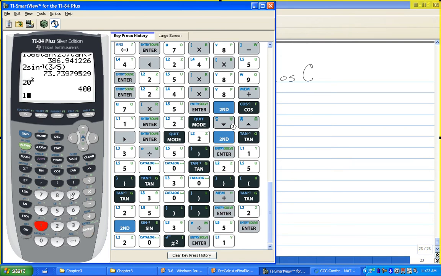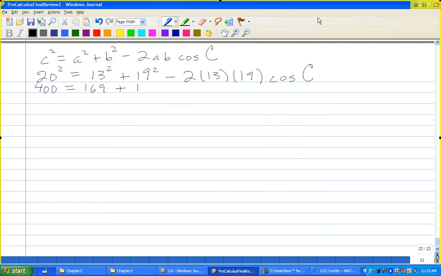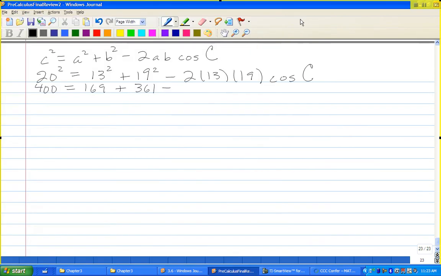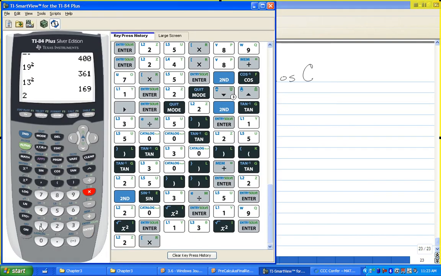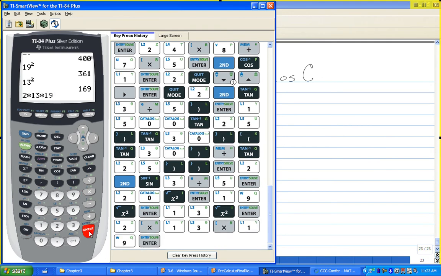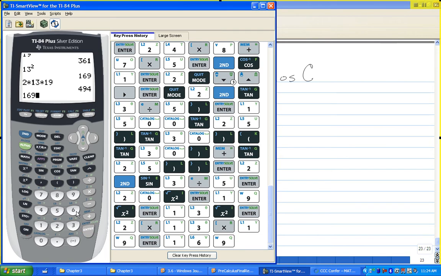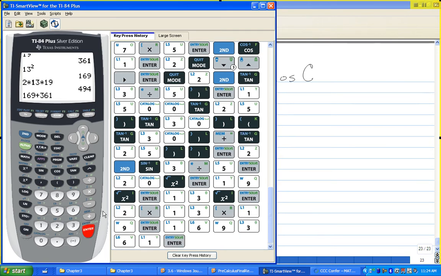What was the other one? 19 squared, 361. 13 squared, 169. 2 times 13 times 19, 494 cosine C. And so 400 equals 169 plus 361, 530.